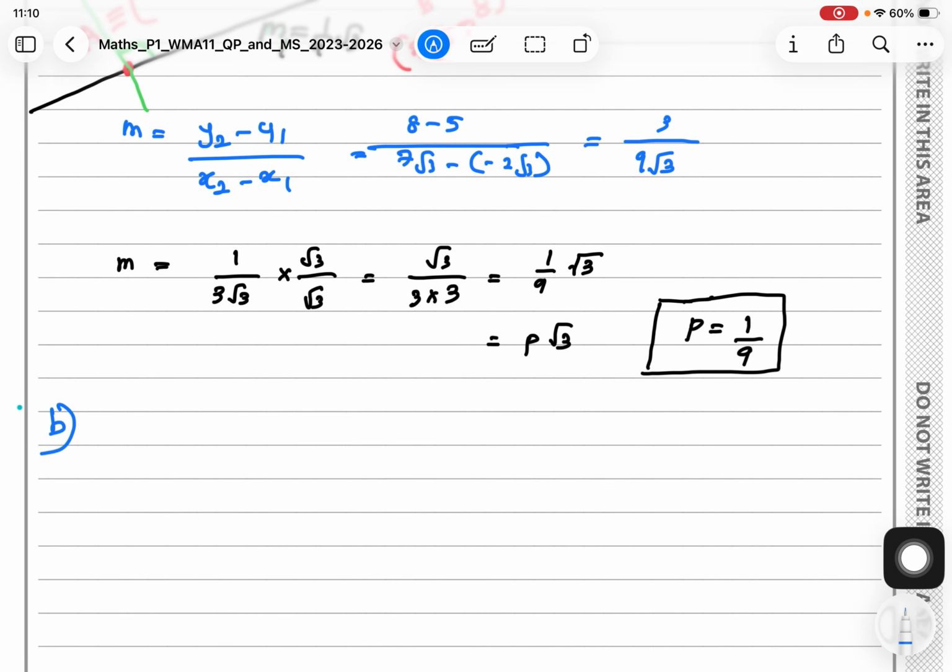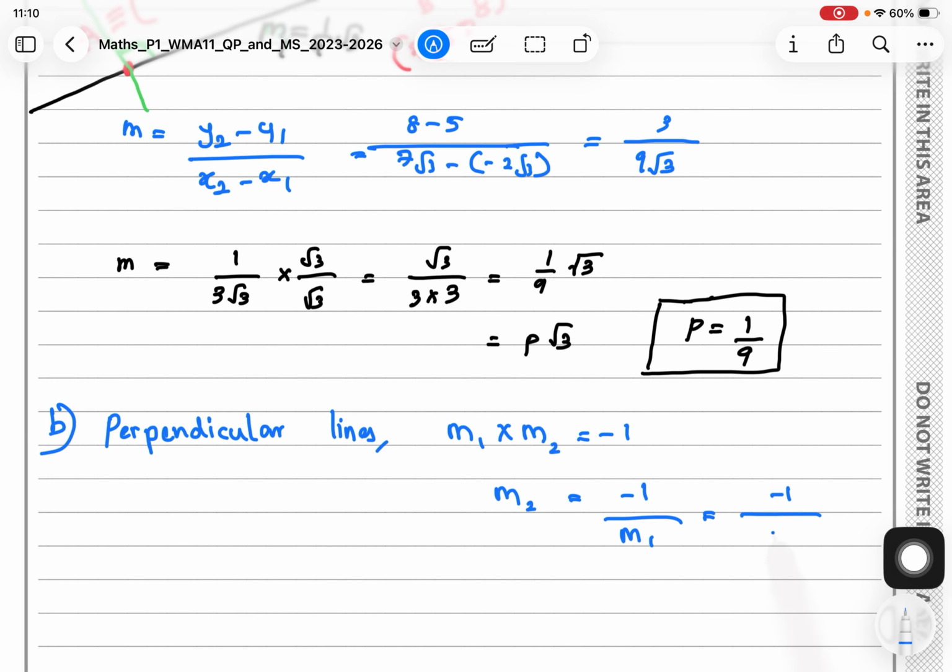When two lines are perpendicular, m1 times m2 equals negative 1. So m2 is going to be negative 1 divided by m1, which in this case is negative 1 divided by 1 over 9 root 3.